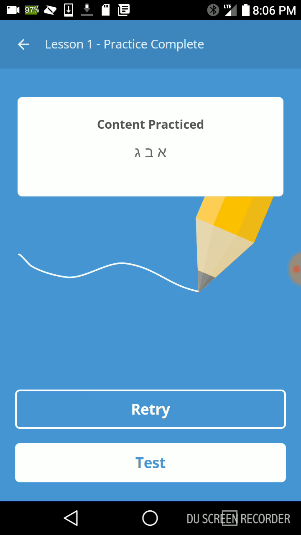Chet. Chet is this right here. This is a CH letter. Now remember, I said that the hey looks like this, but the one she wants is chet. She wants this.